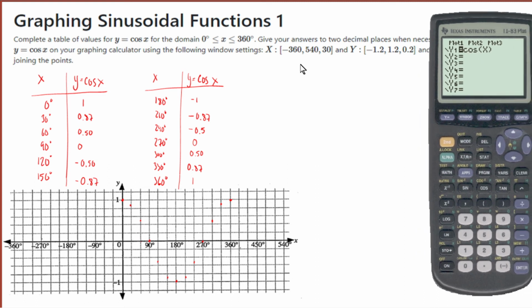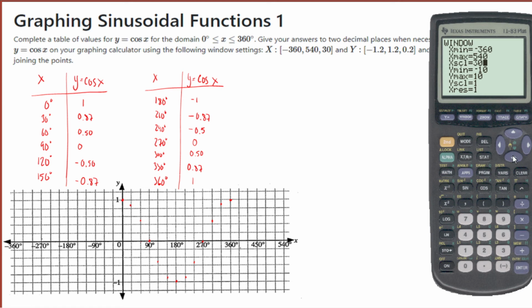If we take a look at our x, we want the x-axis to go from negative 360 up to 540, and we want the increment along the x-axis to be 30. So in window settings, we want our x-min to be negative 360, our x-max to be 540, and our x-scale to be 30.